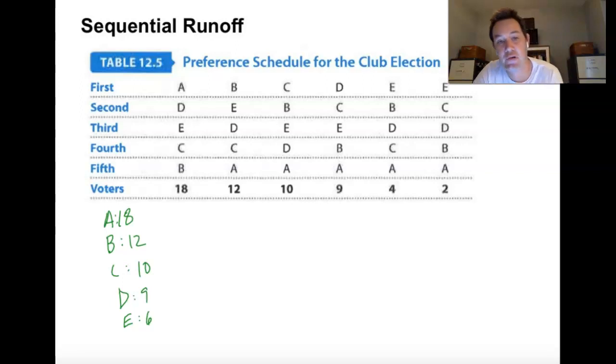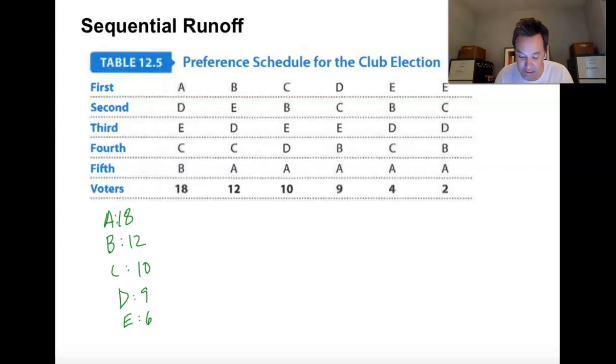Okay, so sequential runoff will work like this. Here are the rankings of just the first place votes. So remember, I called this one the slowest buffalo runoff. So what we do is eliminate the last place candidate, and then we run a new round until we're down to 2. We run our final round, and then whoever wins that final round wins the whole thing.